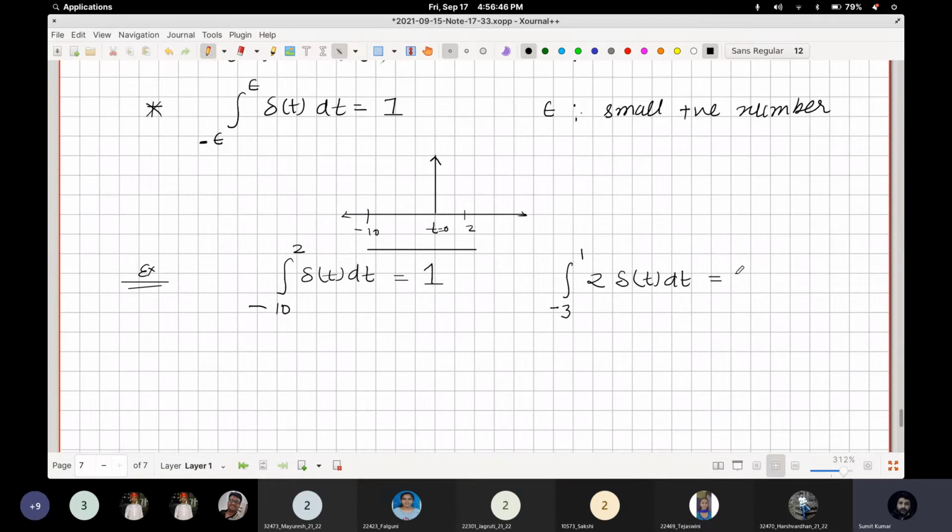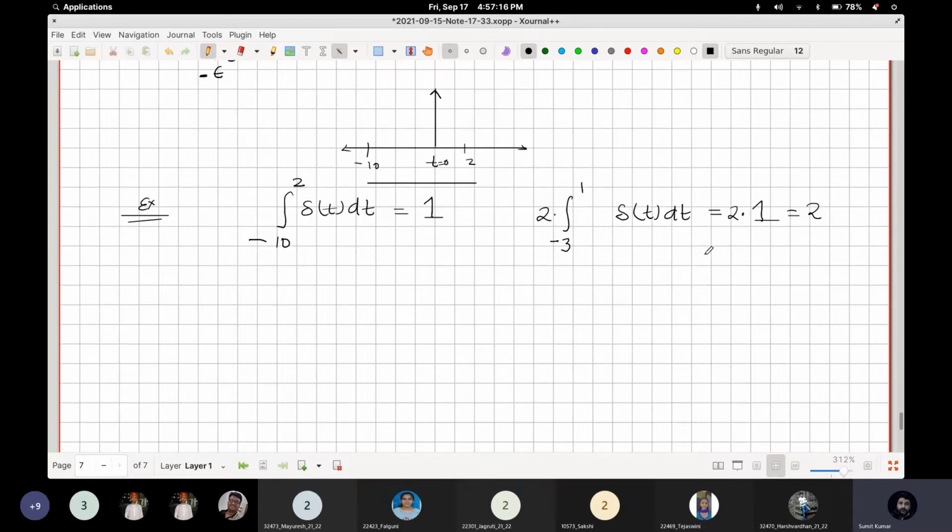So it will be 2 times the integral from minus 3 to 1. 2 times delta t, 2 is a constant, you can take it out. Delta t is located at 0. So between minus 3 and 1, you have 0, isn't it? So this will be equal to 1, and you already have 2. So 2 times 1, that is equal to 2.